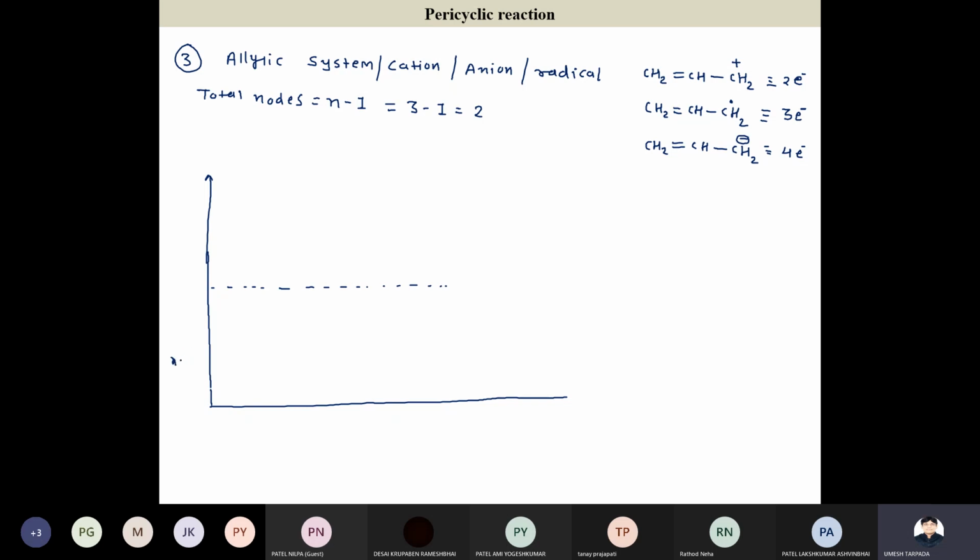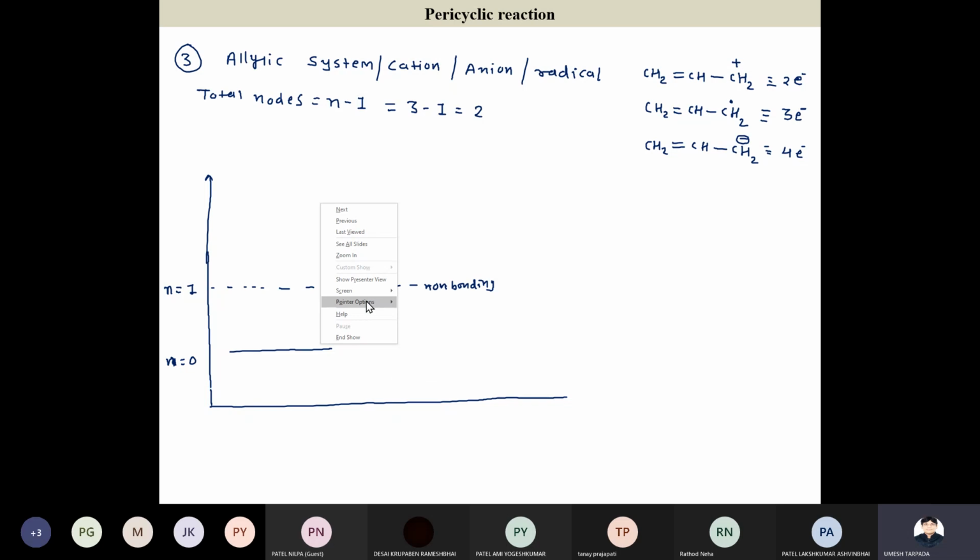The first level having node 0 is called the bonding level. Then node 1 is called the non-bonding level. This is bonding.